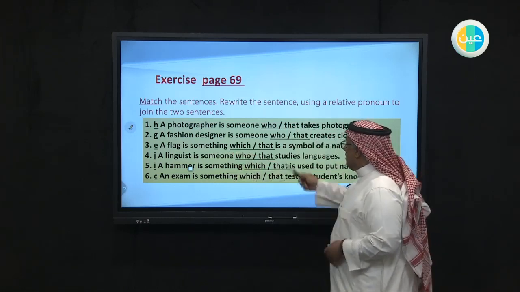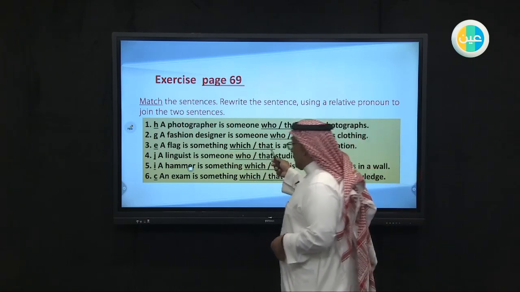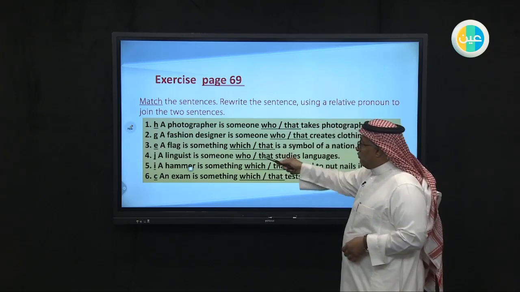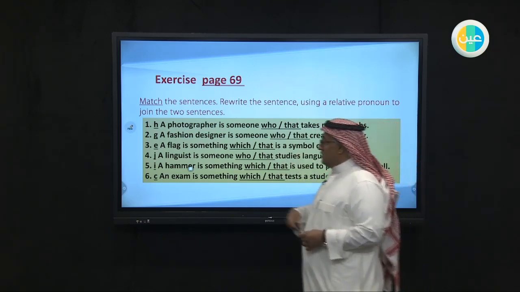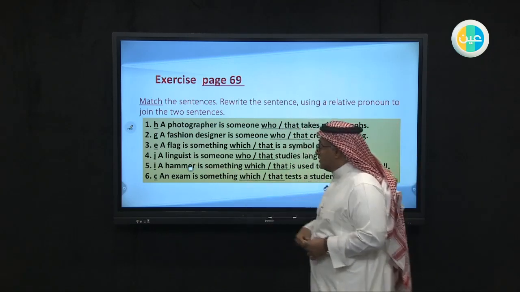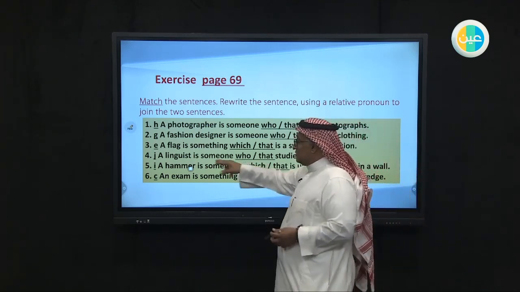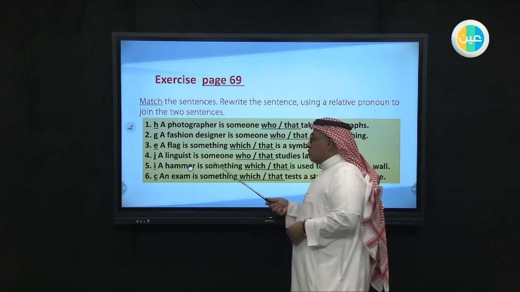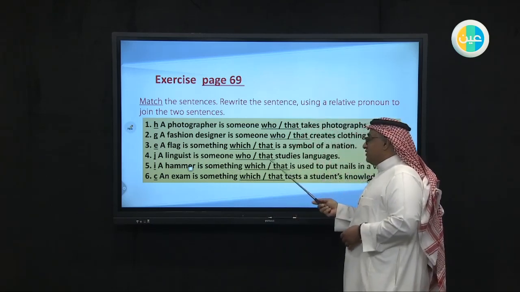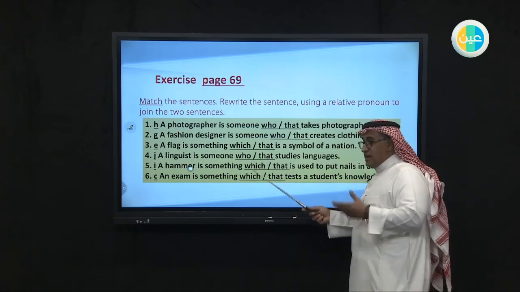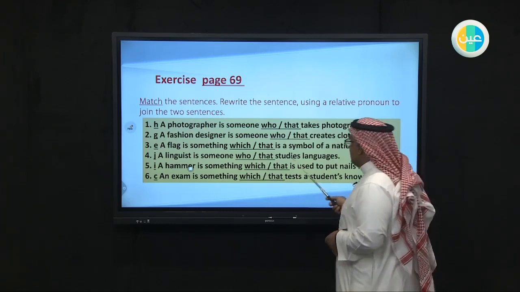And we can also use that instead of which. A linguist is someone who or that studies language.